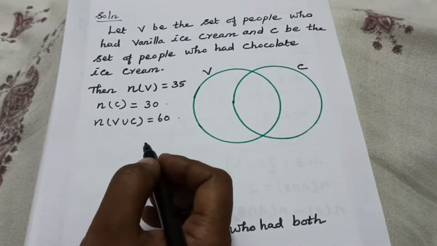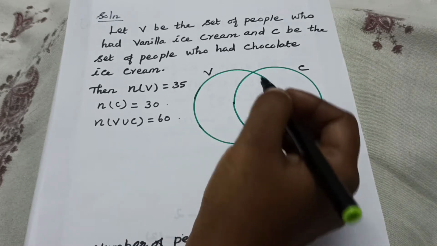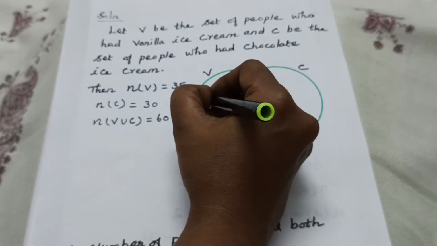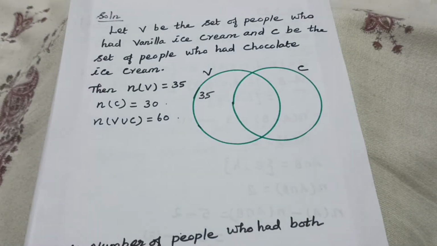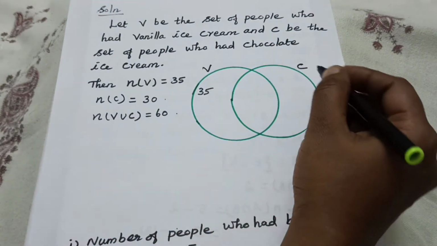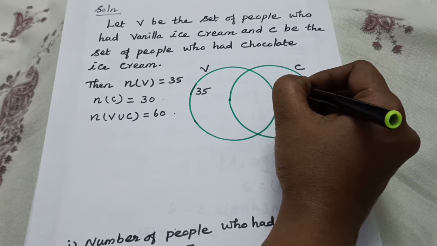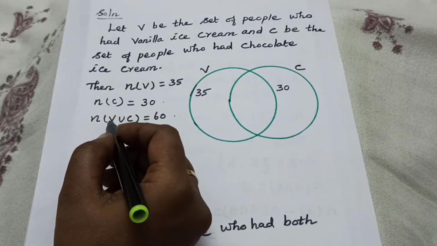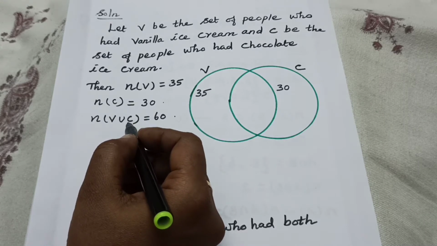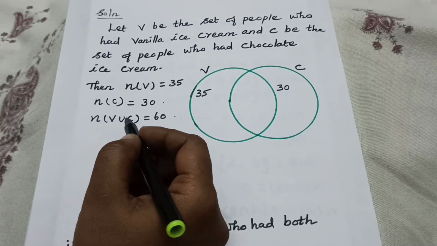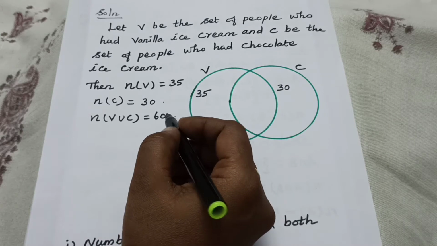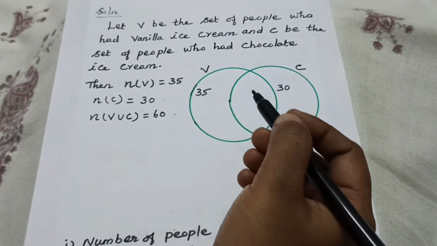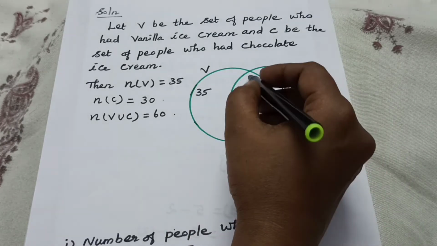Have you understood? Then here what is given? Vanilla ice cream, how many of them using? 35. Then chocolate ice cream, how many of them using? 30. Here n of V union C is equal to what? 60 is given, isn't it? In the middle, vanilla and chocolate both, how many of them using?